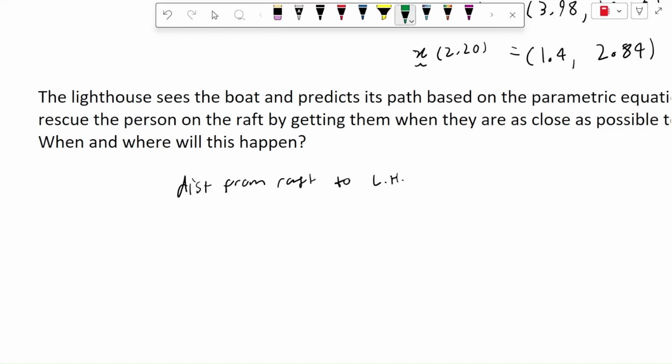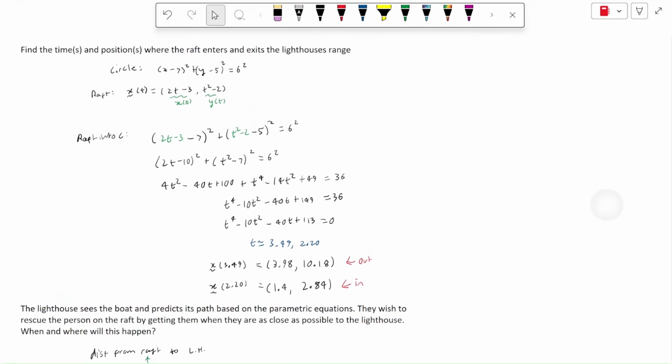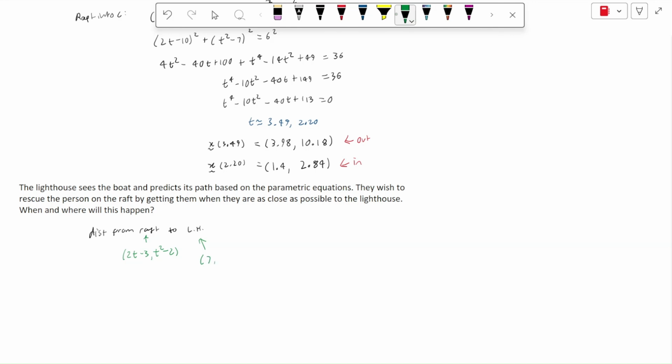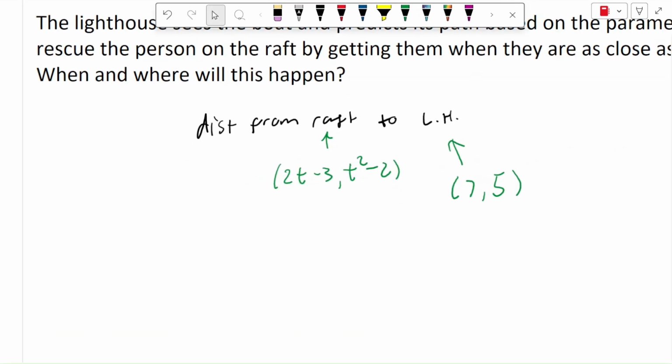Now, the raft equations here are 2t take 3 and t squared take 2. And the lighthouse equations are, well, it was at 7,5. Now, you can use the distance formula, but I'm going to call this R and L. Let's just look at the vector. Be really careful about how you do this.